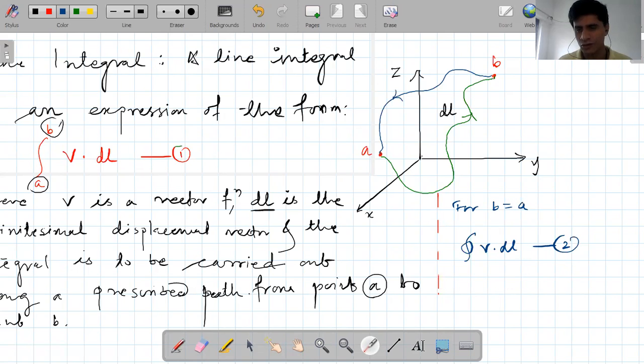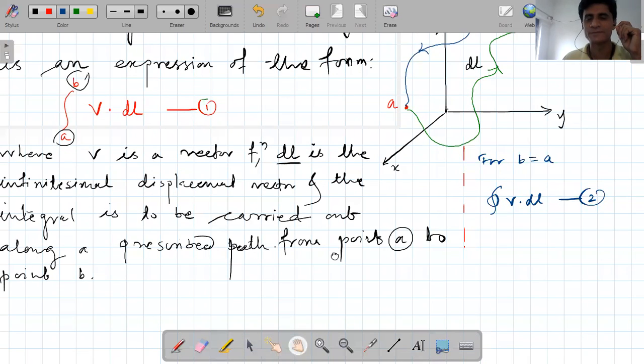Hello student, what is the formula to find out work from the knowledge of force and distance? Force into displacement is work. Perfect. Force into distance.